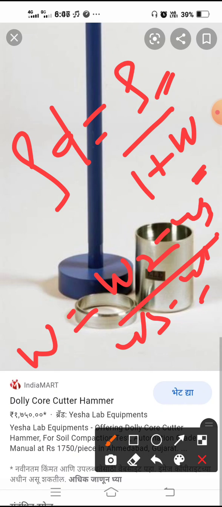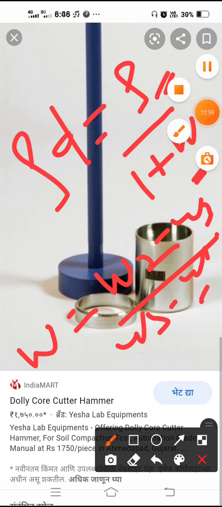From that we can find out the water content. Once we find the water content, put its value into the formula rho d equal to rho upon 1 plus W. From that we can find out the value of the dry density.